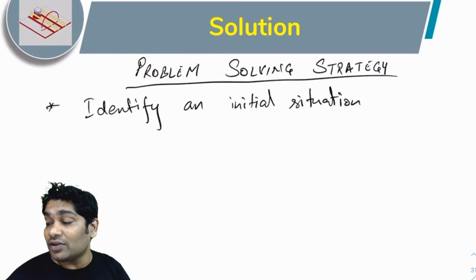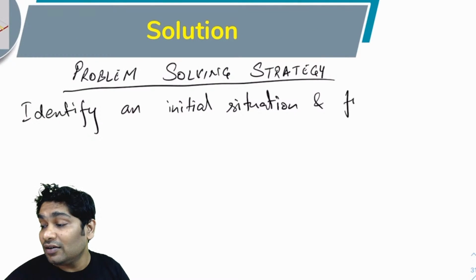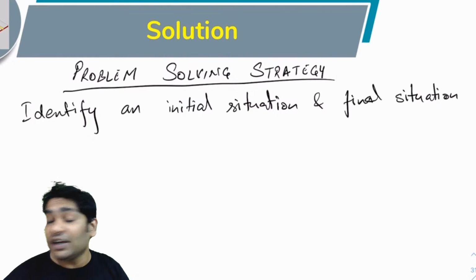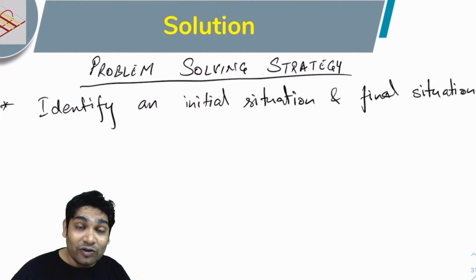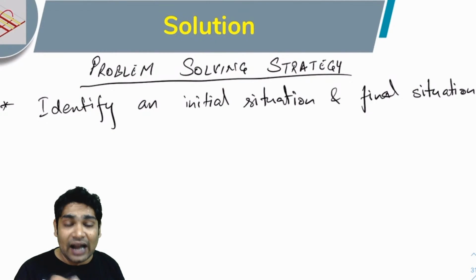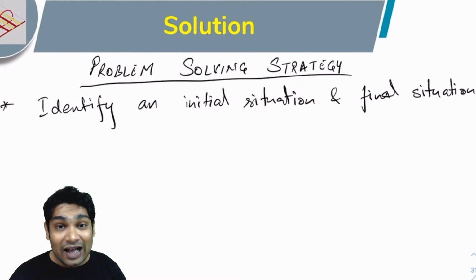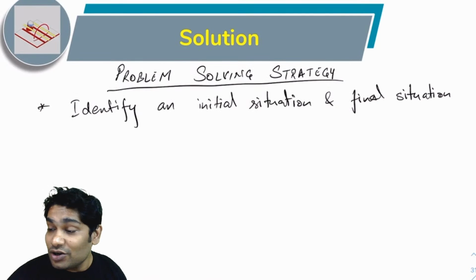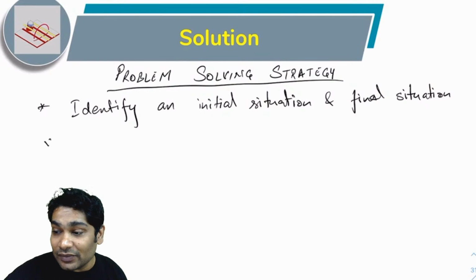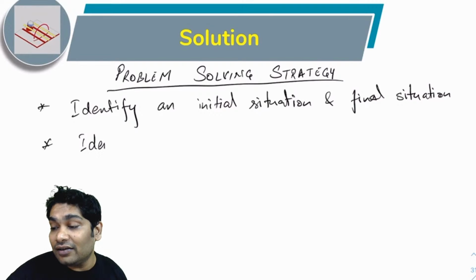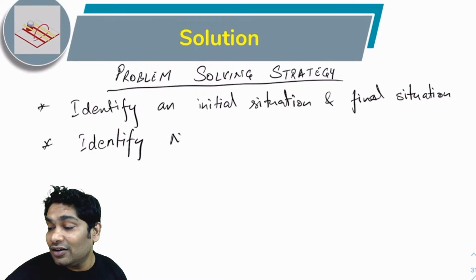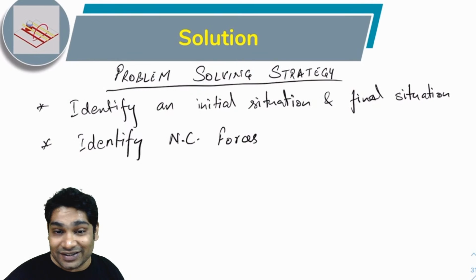You will take some situation as your initial situation and some situation as your final situation, depending on what has been given to you and what has been asked of you. Whatever situation you've been given things in can be your initial situation, and wherever you have been asked to find out can be your final situation. So you identified your initial and final situations. Now identify non-conservative forces, if any. Next you will look for non-conservative forces.